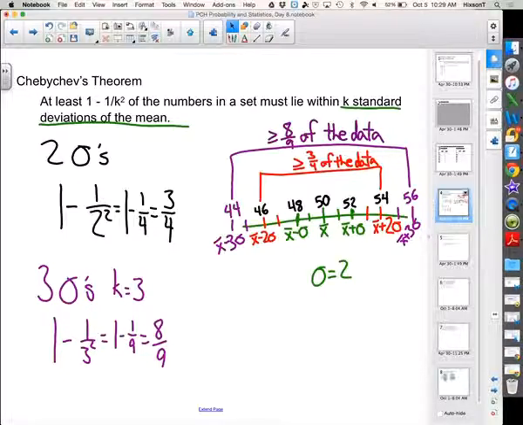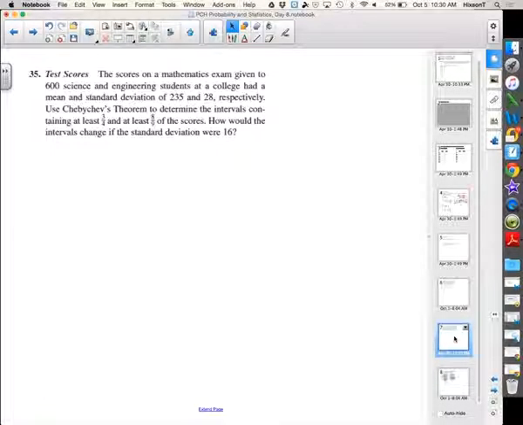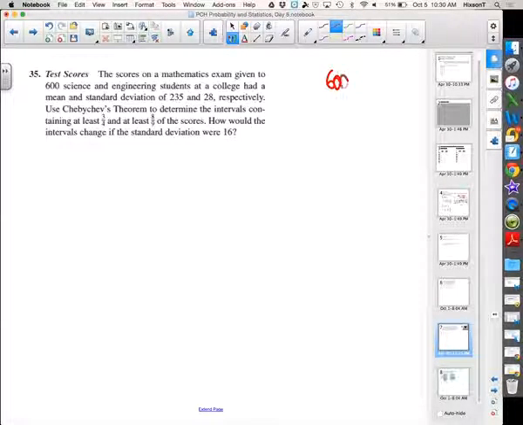Does anyone have a question about this now? Like I said, it's an easy theorem mathematically, but it can be a little bit tricky to really understand at first. So, going back to this, it says we have 600 students. By the way, here's a little bit of language.